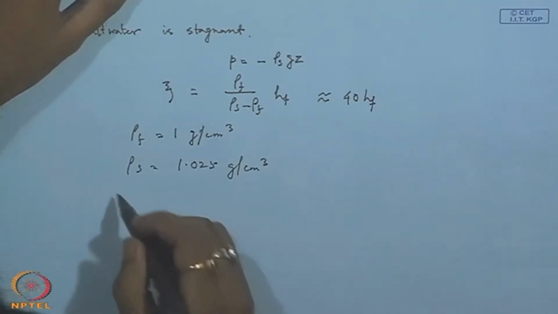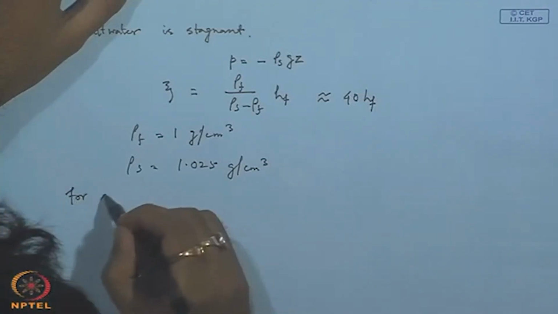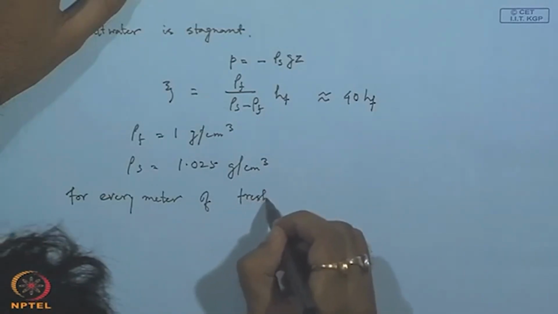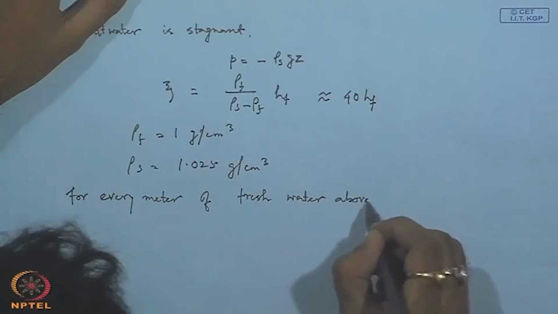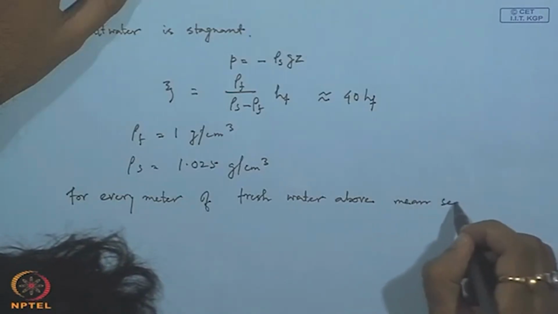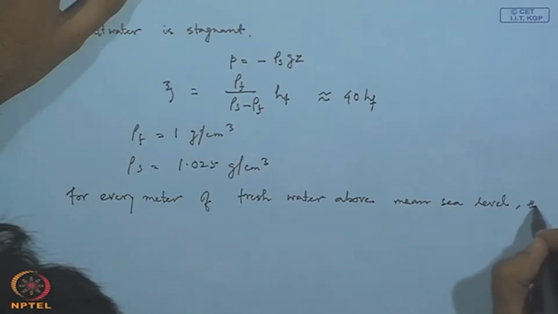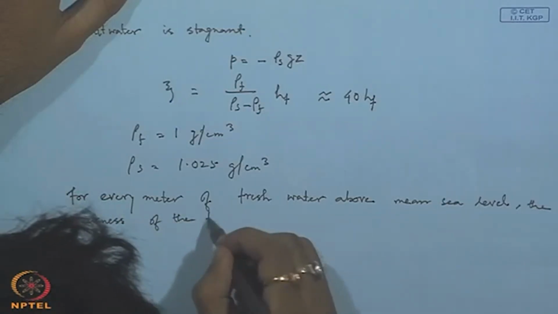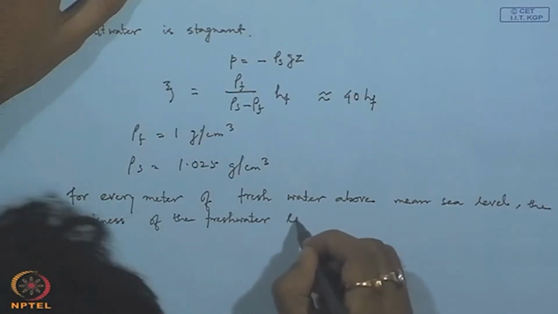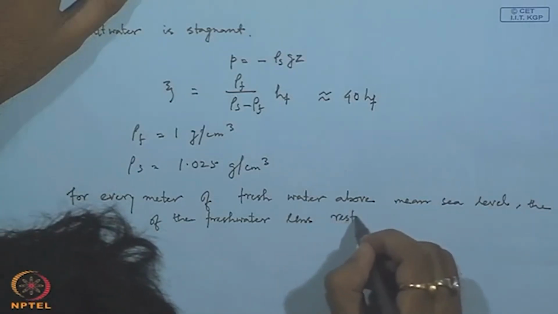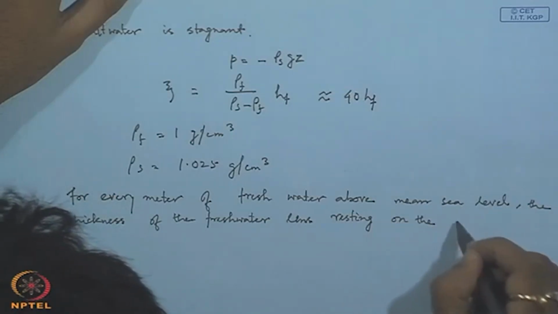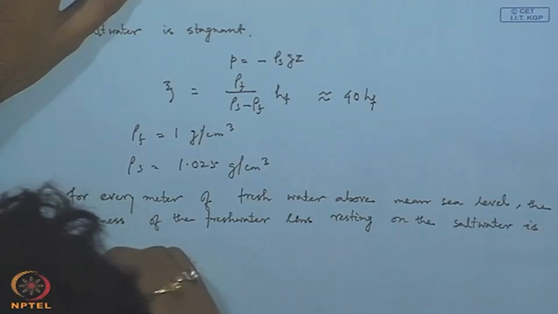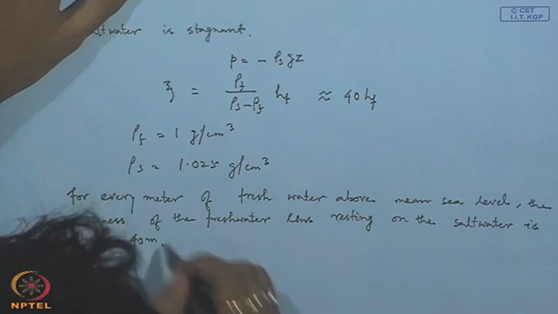So, we can say that for every meter of fresh water above mean sea level, the thickness of the fresh water lens resting on salt water is about 40 meters.